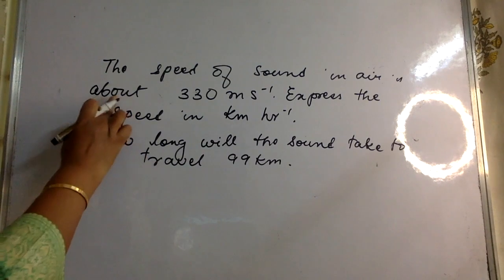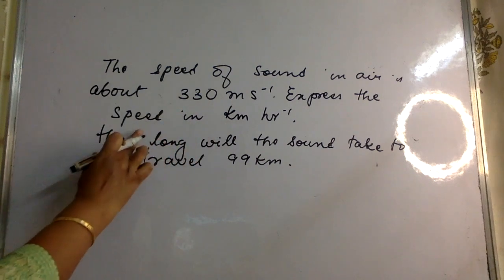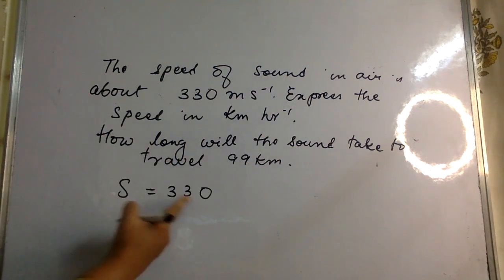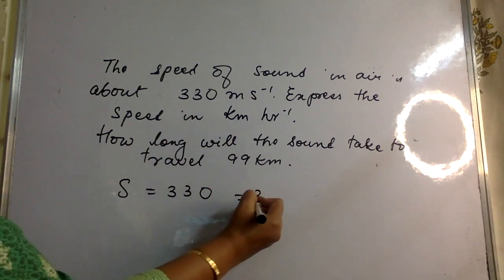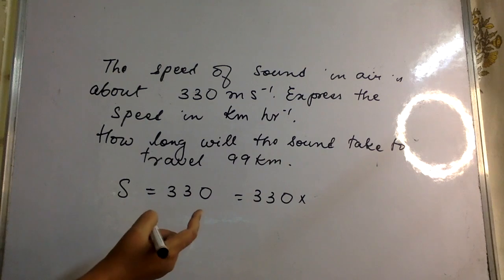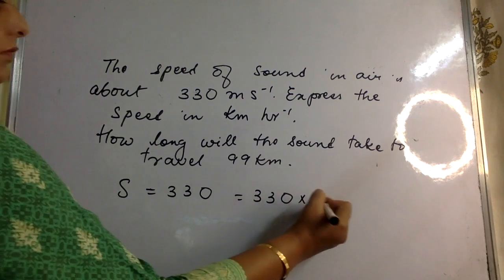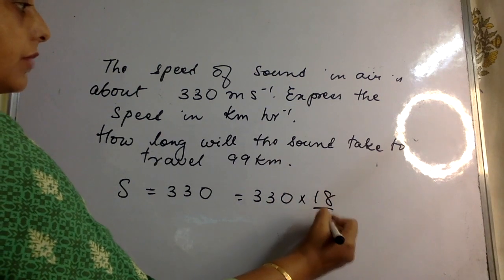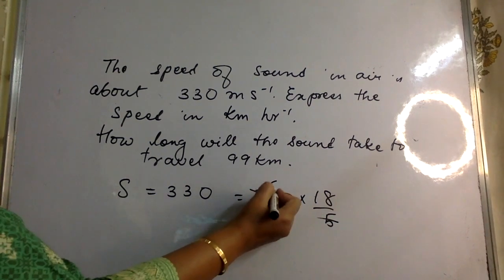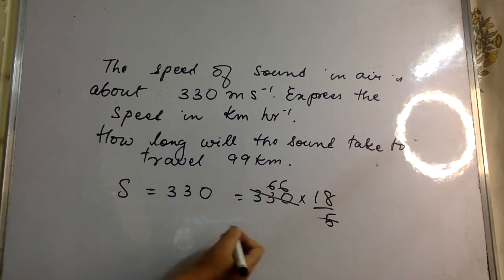Speed of sound in air is 330 meters per second. Express the speed in kilometers per hour. Let me do that first. Meters per second to kilometers per hour, what do you do? Multiply by 18 by 5. So 5 6s are 30. Again 6.